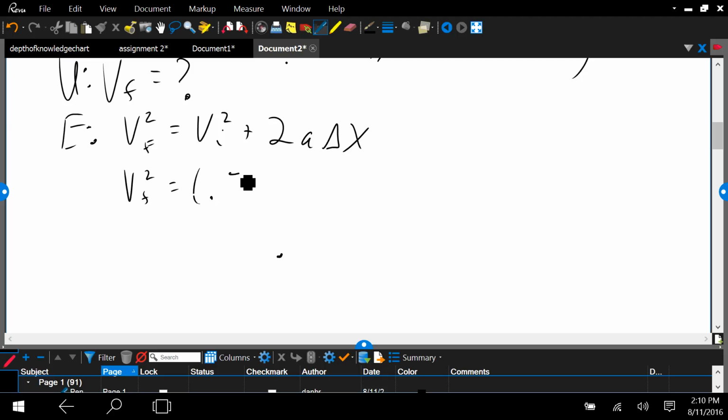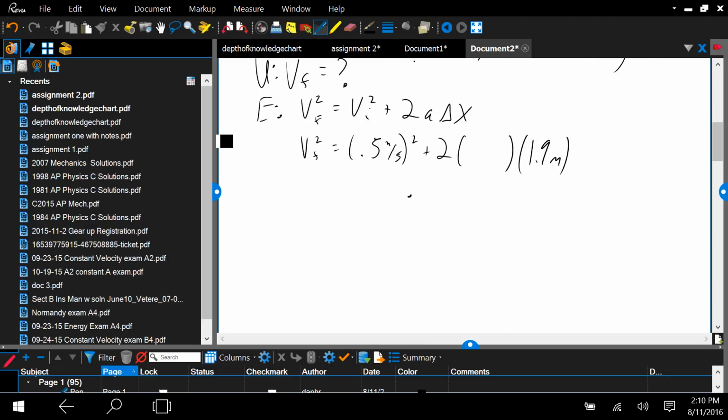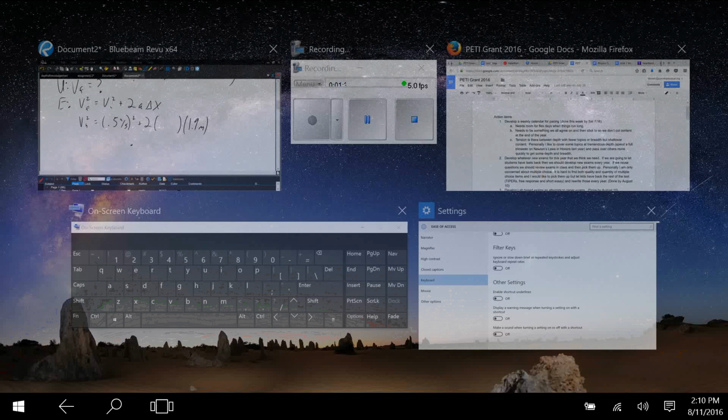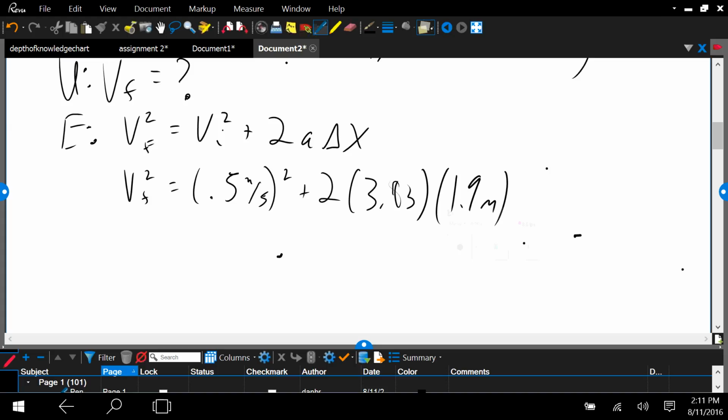So here I'm going to put in 0.5 meters per second squared plus 2 times my acceleration, which I haven't numerically calculated yet, times x, 1.9 meters. Okay, I got 3.83 meters per second squared for the acceleration.